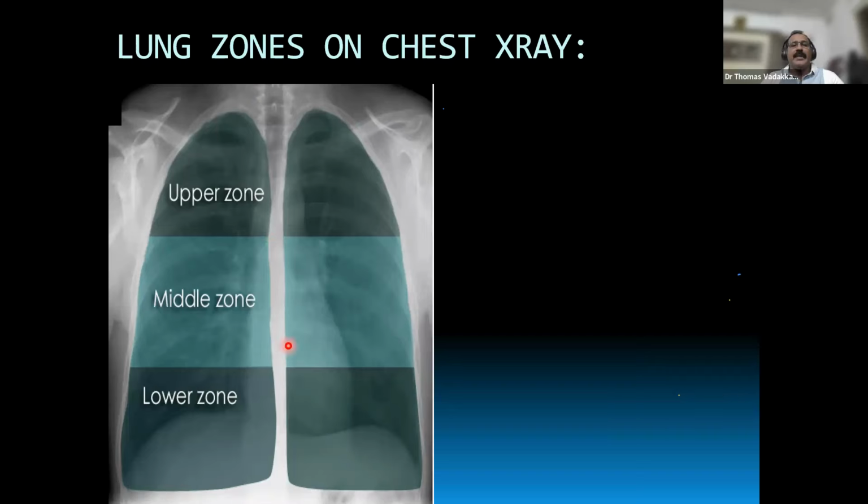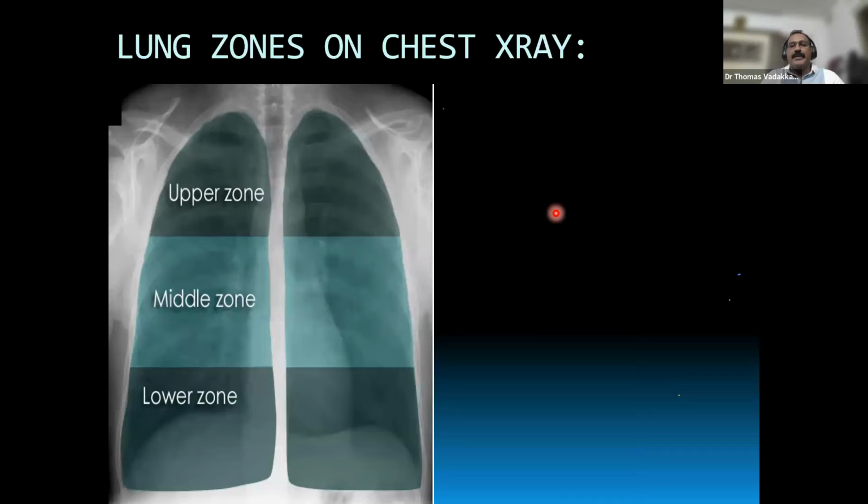Why are we making this area division? Because if I am seeing an X-ray and I say it is in the upper zone, then another doctor who is seeing it expects the lesion in the upper zone. Suppose it is over here, I will say that it is in the upper zone as well as extending to the middle zone, so that I can communicate to the other doctor over the phone, and he will understand where the lesion is.